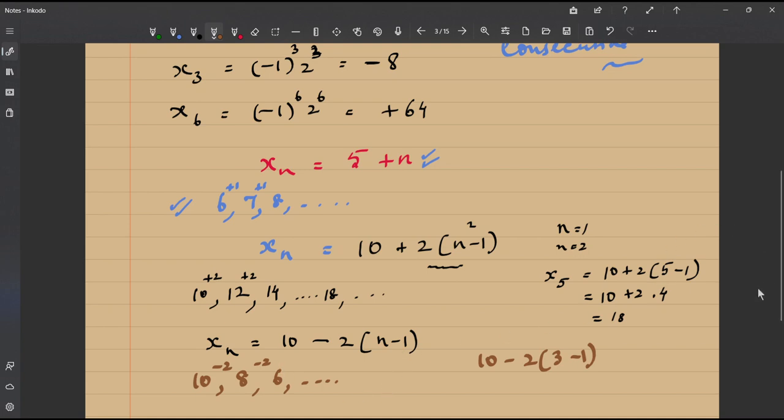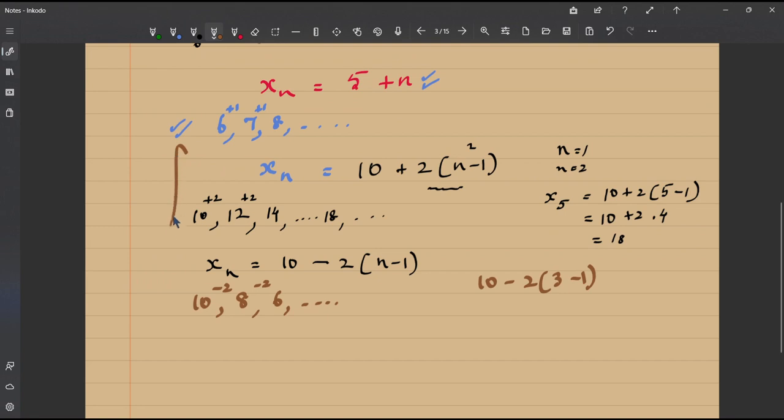But the takeaway from these three examples is that the difference between the consecutive terms remains the same. The common difference between the consecutive terms remains the same, right? Now at this level we are going to explore these types of sequences more.